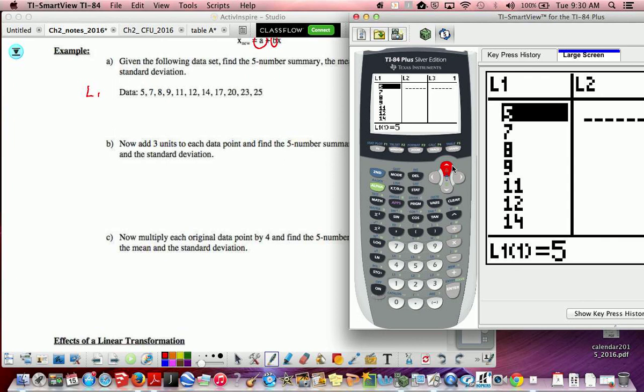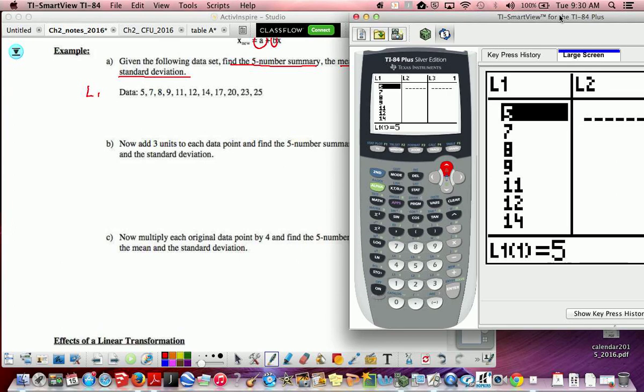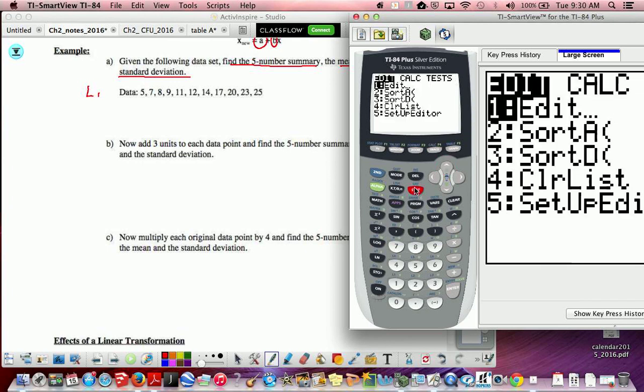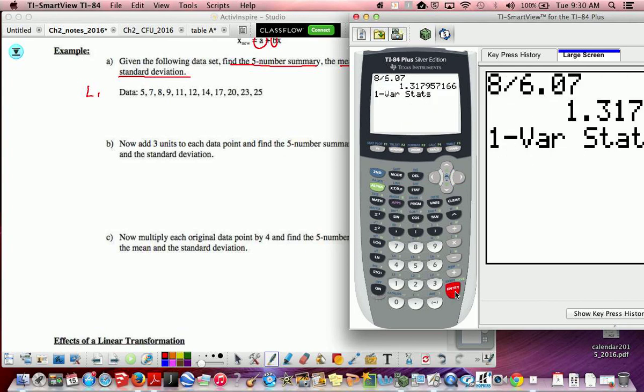What it then asks us to do is find the 5-number summary, and calculate the mean and the standard deviation. As you're finishing entering those data points, remember to get all of that information with one-variable statistics. I'm just going to go Stat, over to Calc, and do one-variable statistics on list 1.